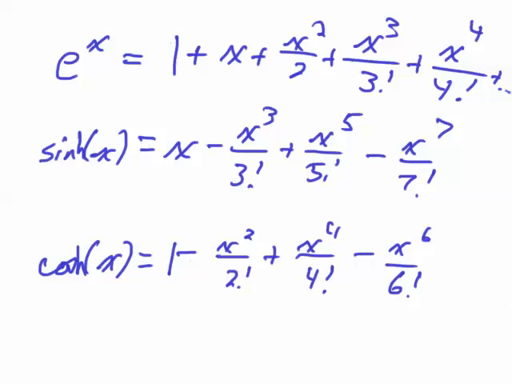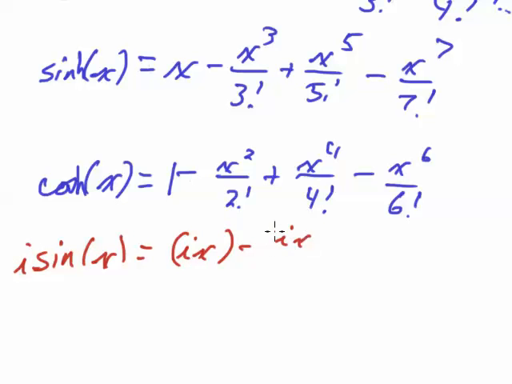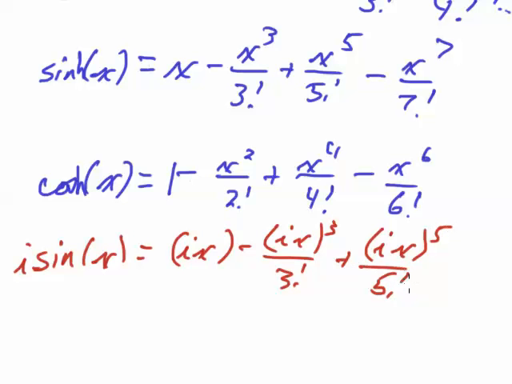The sine and cosine are similar, except, for instance, i sine x equals ix minus ix cubed over 3 factorial plus ix to the 5th over 5 factorial, if I remember correctly, where i is the square root of -1.